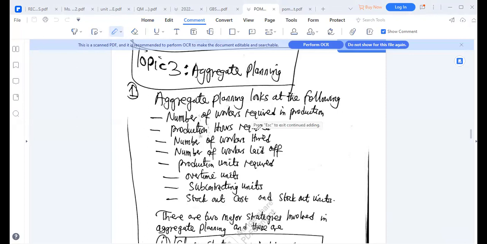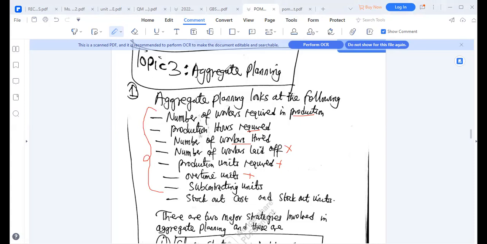It also looks at the production hours required, the number of workers hired, the number of workers laid off, as well as the overtime units and overtime cost, the production units required, the subcontracting units, and then also the stock out cost or stock out units. These ones, you'll be able to understand them as we look at an example.